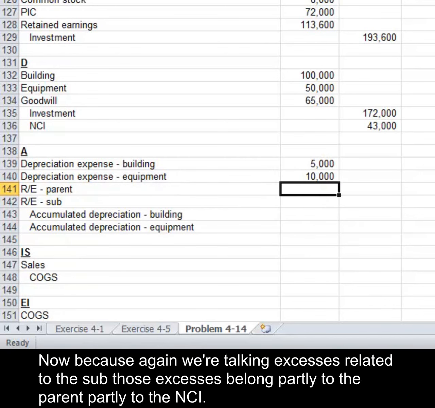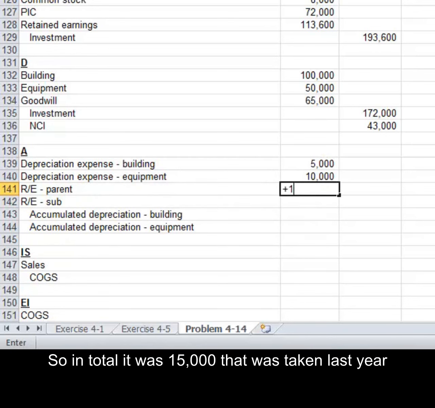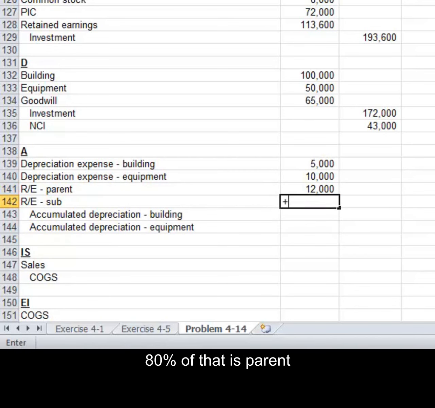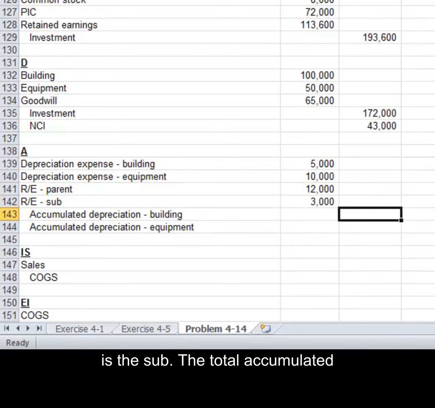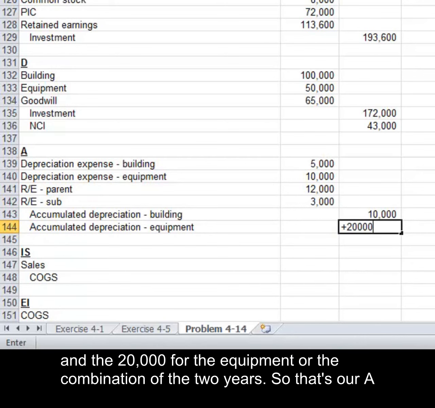Now, because again we're talking excesses related to the sub, those excesses belong partly to the parent, partly to the NCI. So in total it was 15,000 that was taken last year. 80% of that is parent and the other 20 is the NCI. The total accumulated is the 10,000 for the building that was in our schedule up above and the 20,000 for the equipment, or the combination of the 2 years. So that's our A entry.